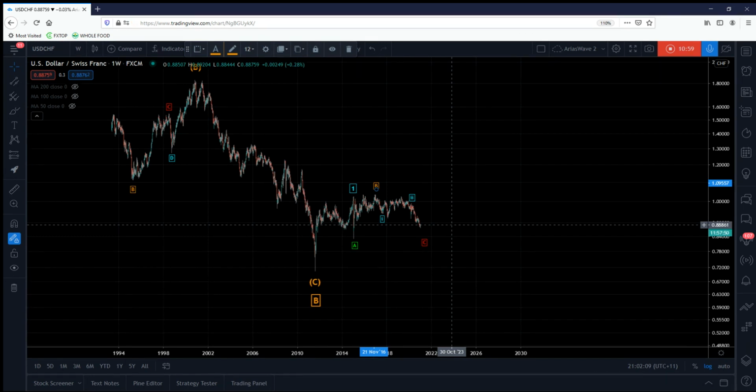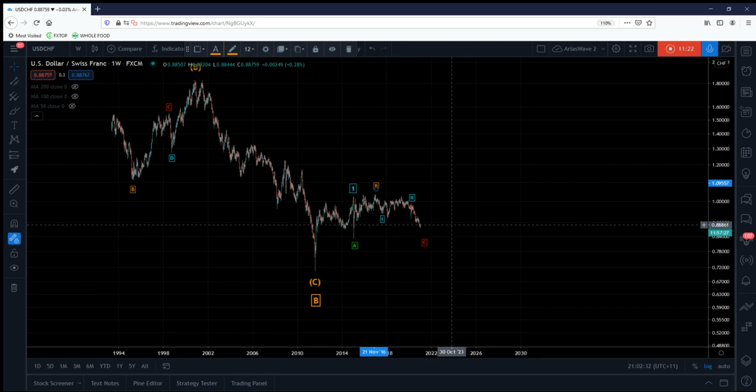Because once this correction is done, it's going to go straight up. Now, obviously, the sideways corrections give us clues using alternation as to what kind of wave fall we're going to see up the top. But the meat of the move is going to be straight up. It's going to be very profitable. So this is a very important piece of information.